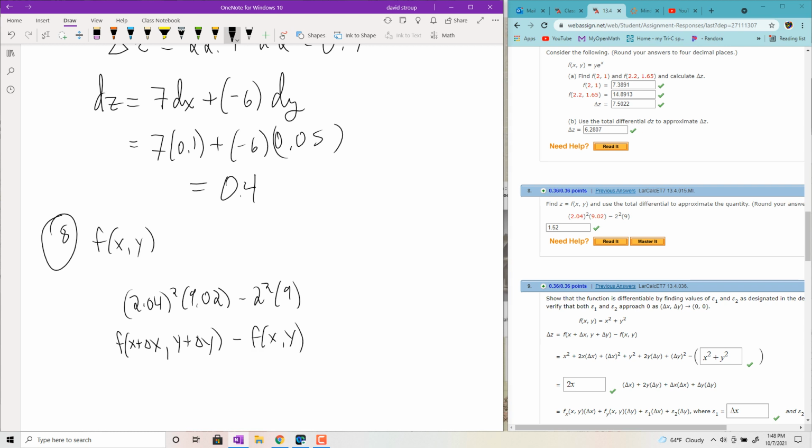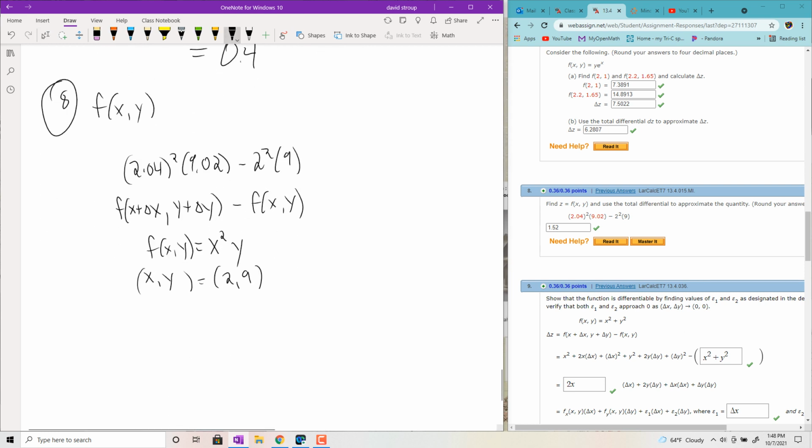So we can let f of x, comma, y just equal x squared y, and then the ordered pair x, y would be 2, comma, 9, and then our delta x and delta y are going to be, judging from this original thing, 0.04 and then 0.02.